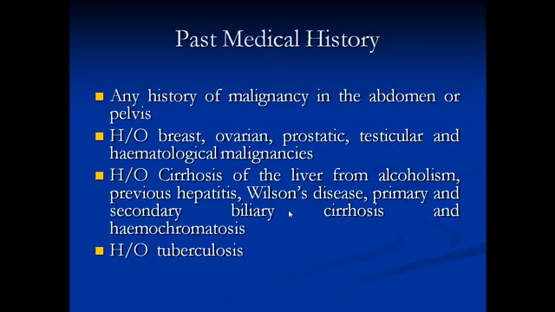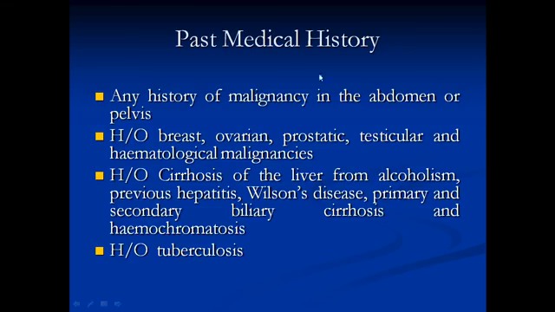Past medical history: any history of malignancy in the abdomen or pelvis, history of breast, ovarian, prostatic, testicular, and hematological malignancy, history of cirrhosis of the liver from alcoholism, previous hepatitis, Wilson's disease, primary and secondary biliary cirrhosis, and hemochromatosis, history of tuberculosis. So taking past medical history is very important.